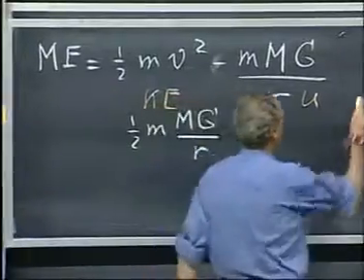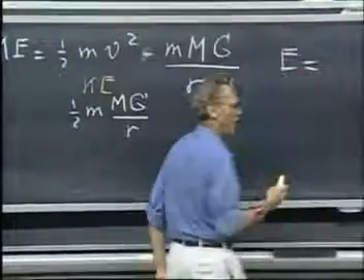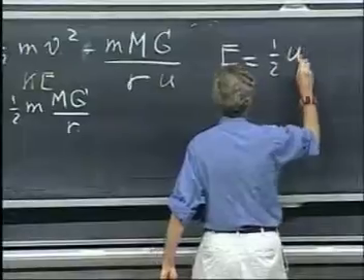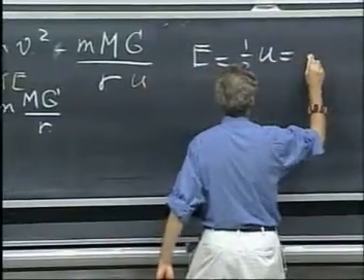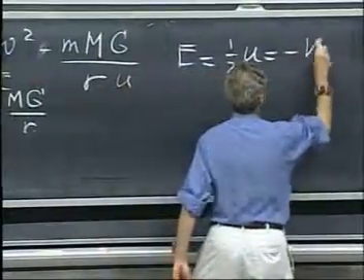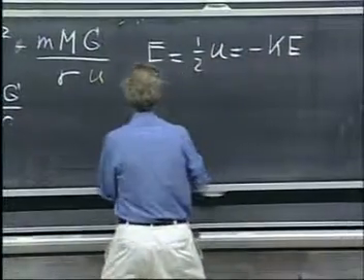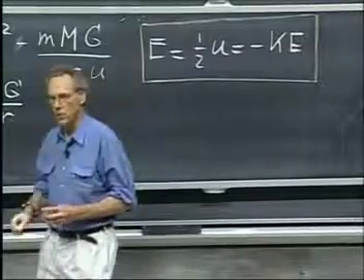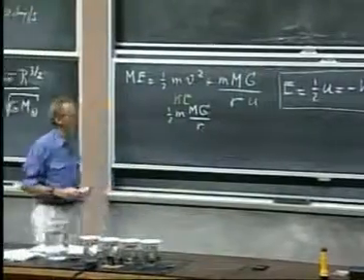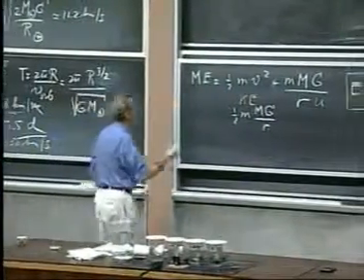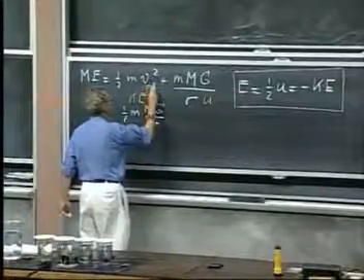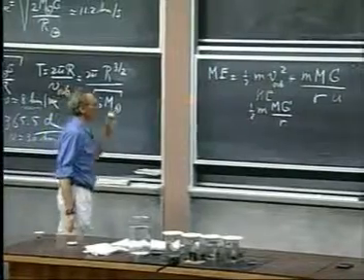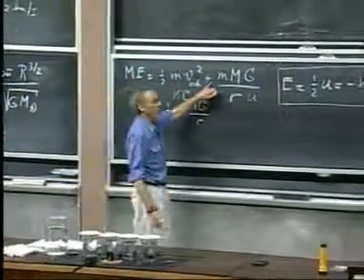And so the total energy E, which I've called the mechanical energy, always for a circular orbit, is 1/2 U and is the same as minus the kinetic energy. A remarkable coincidence, you would think. But it's not as much a coincidence as you think, of course. If something is in orbit, this is the orbital speed at radius r, then its total energy is always half the potential energy. It's always negative.